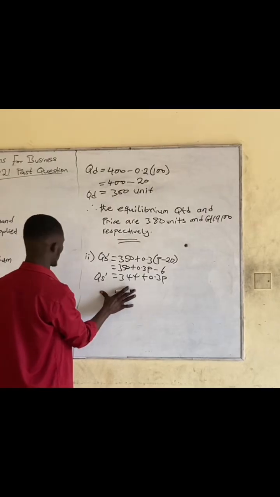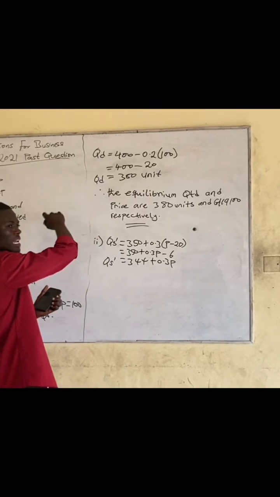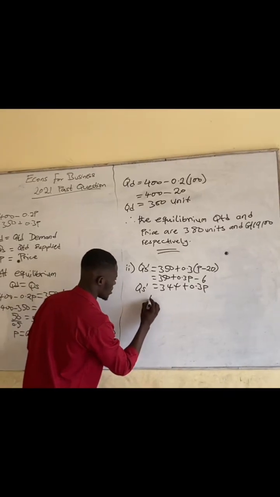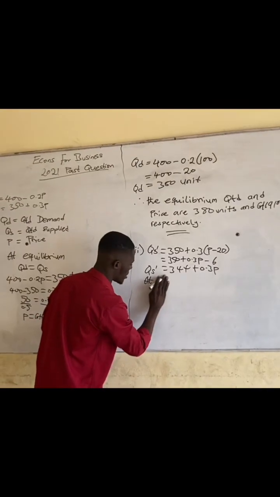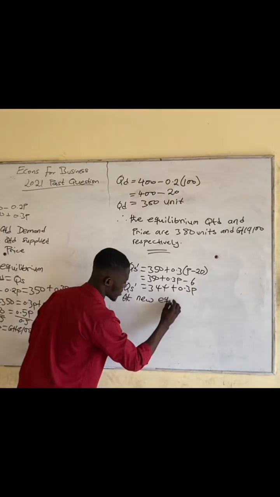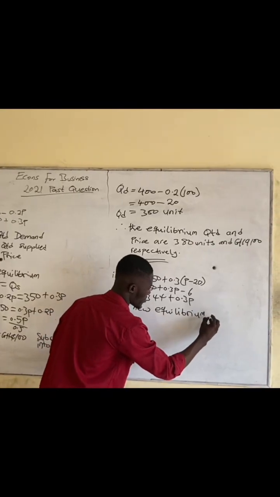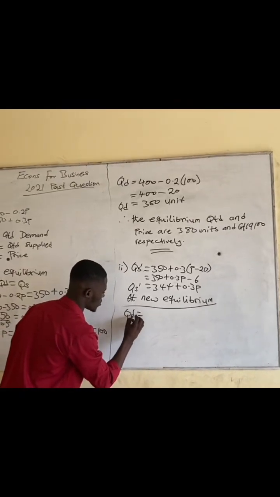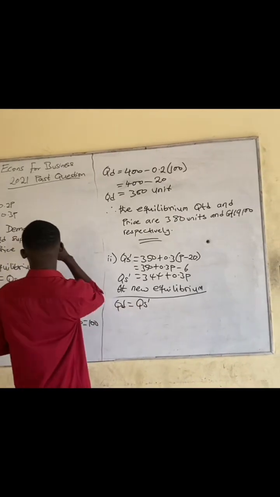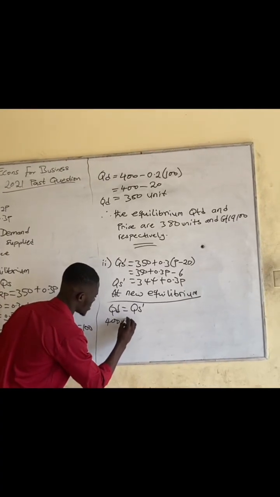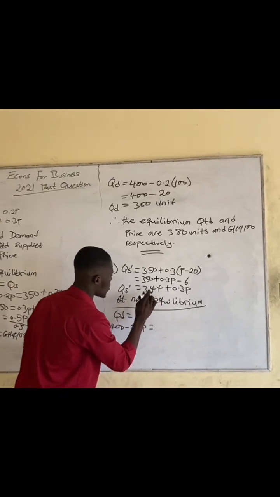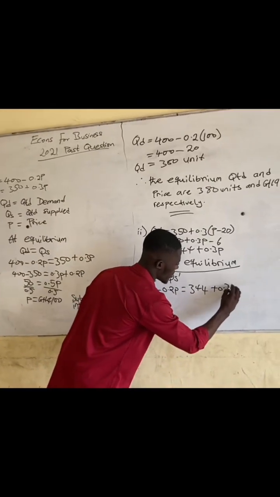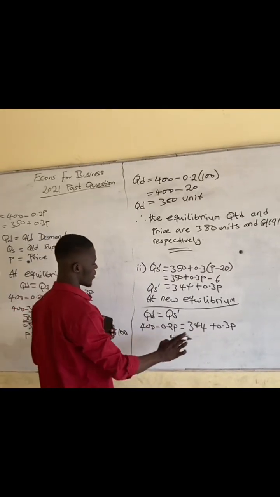So we have our new quantity supply equation, and we have to equate them again to find the new equilibrium price and quantity after the tax imposition. At the new equilibrium, our quantity demanded is equal to our new quantity supplied: 400 minus 0.2P is equal to 344 plus 0.3P. Then we solve it again for our new price and the new quantity.